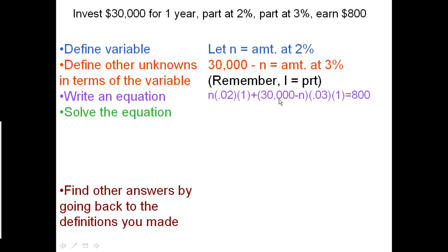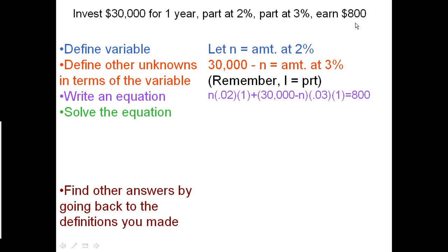Plus, I invested the rest of my money, 30,000 minus n, at 3%, the rate, so principal, rate, time, this is for the amount at 3%. So the interest I've earned for the 2% investment plus the interest I earned for the 3% investment is equal to $800, we're told in the original problem.